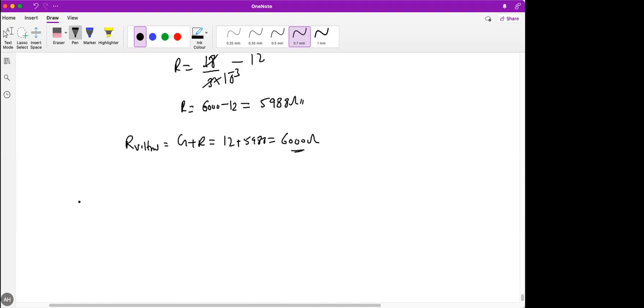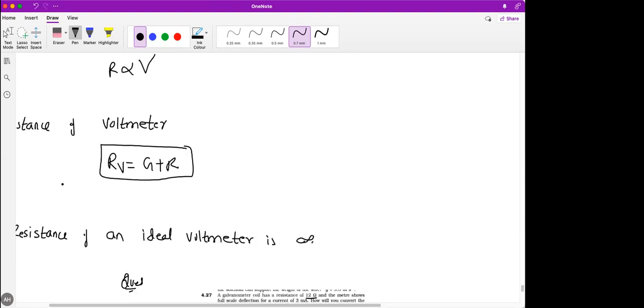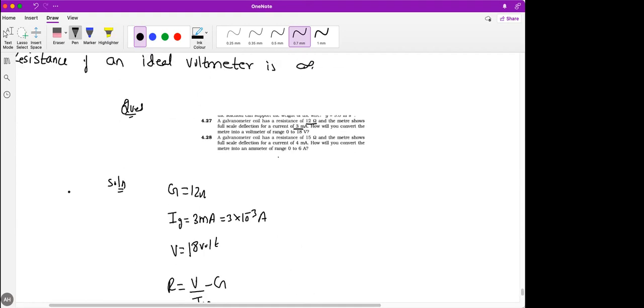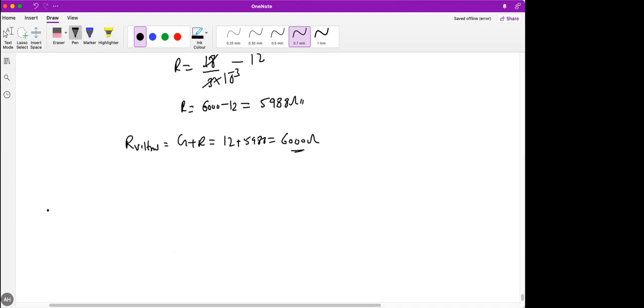Let's check. This is the solution of 4.27. Now 4.28.